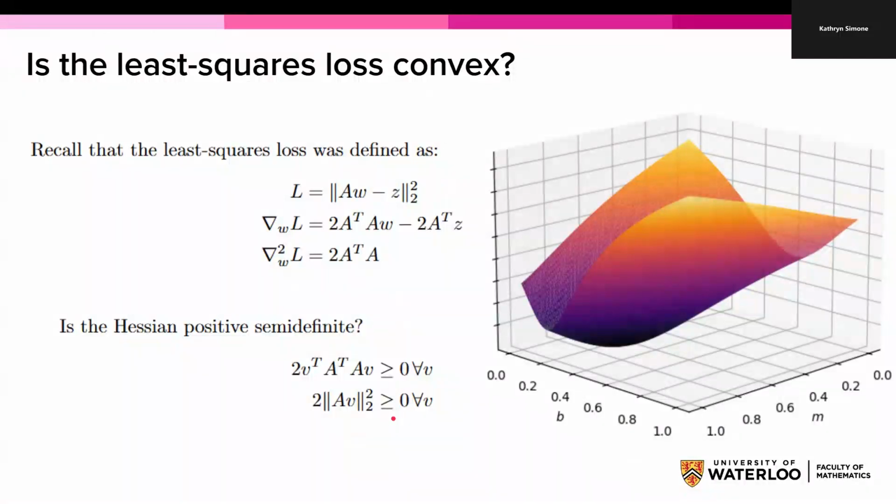And this is guaranteed to be greater than or equal to 0 for all v. So A transpose A is positive semi-definite. And as the Hessian is positive semi-definite, we can conclude that the loss is convex, and therefore, importantly, when its gradient is 0, we found a global extremum of the function.